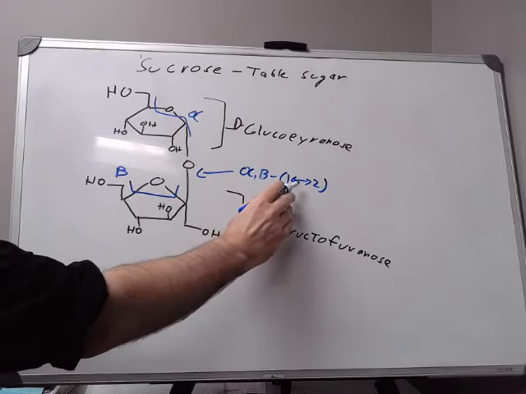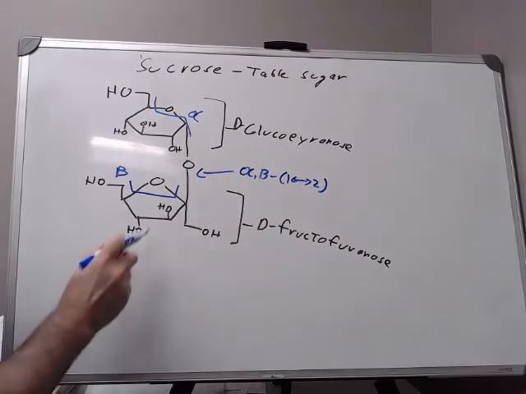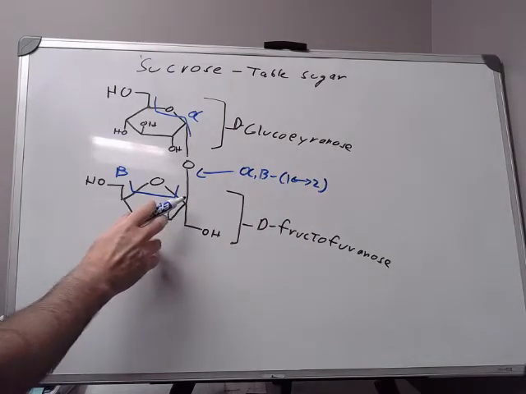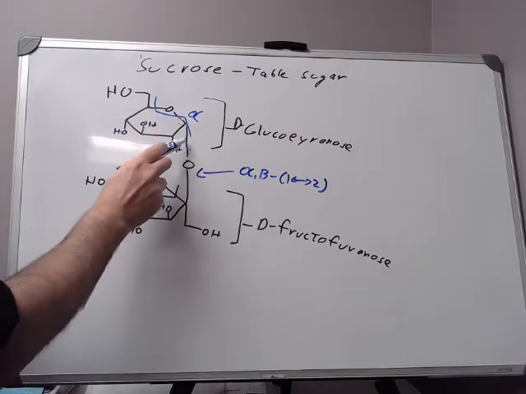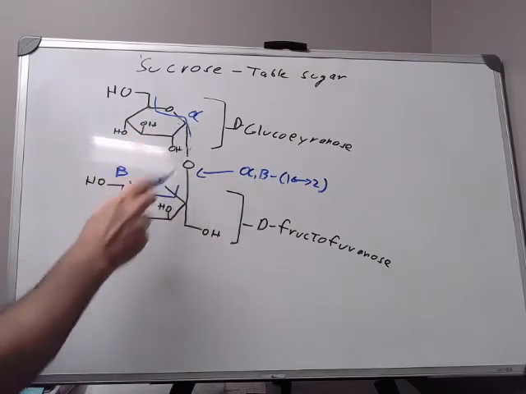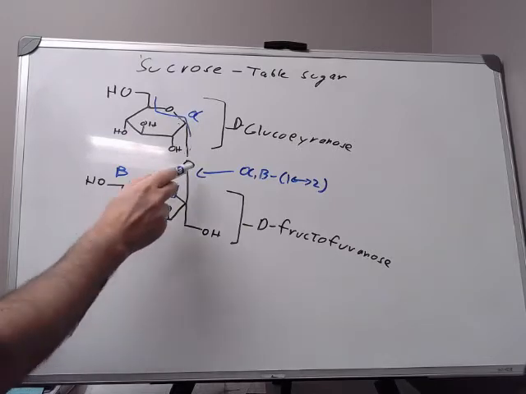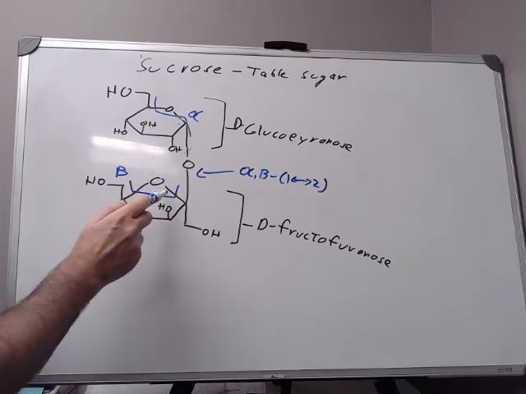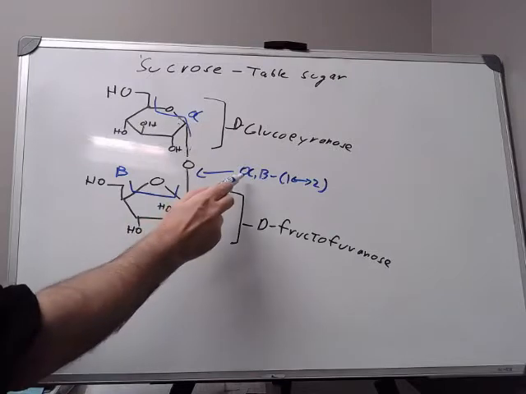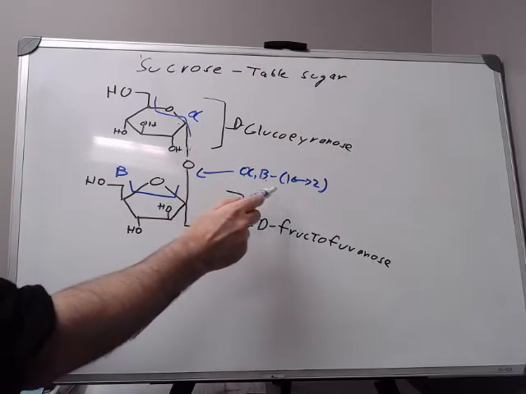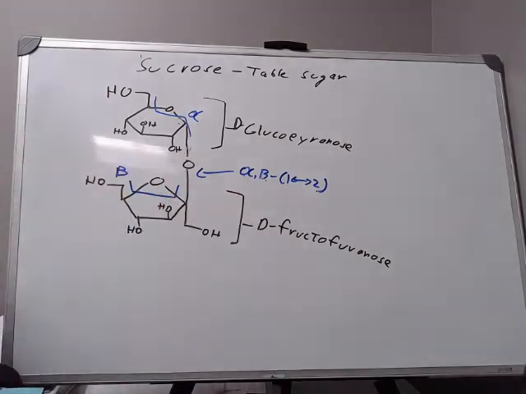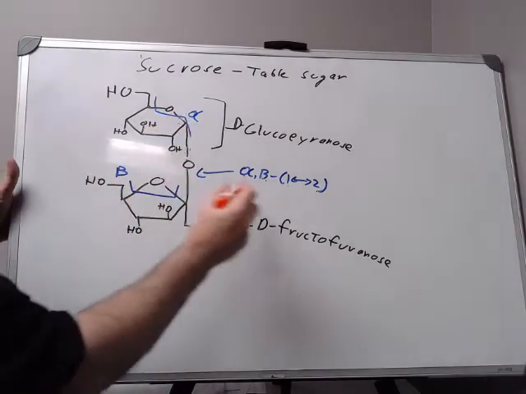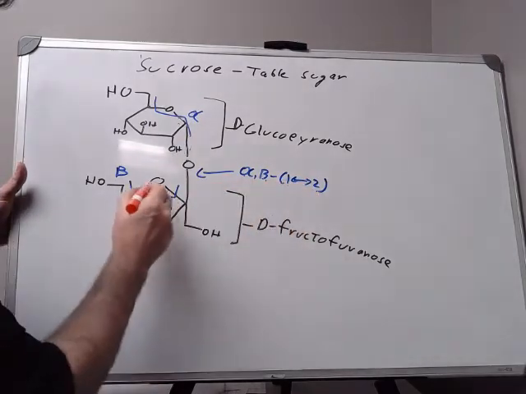And you notice this arrow points both directions now, because we're joining the alpha position hydroxyl group of the glucose to this beta position hydroxyl group of the fructose. So it's both alpha and beta, and it's both 1 and 2, and because both of these are hemiacetals, the arrows have to point in both directions.